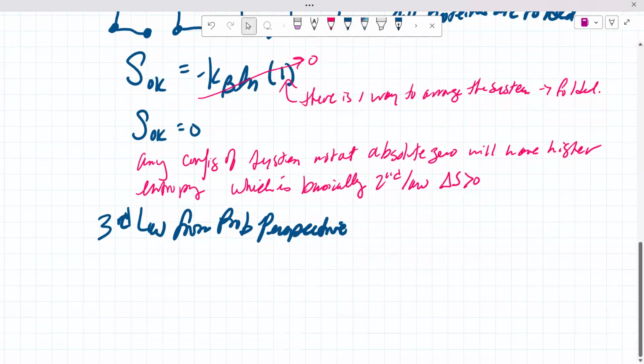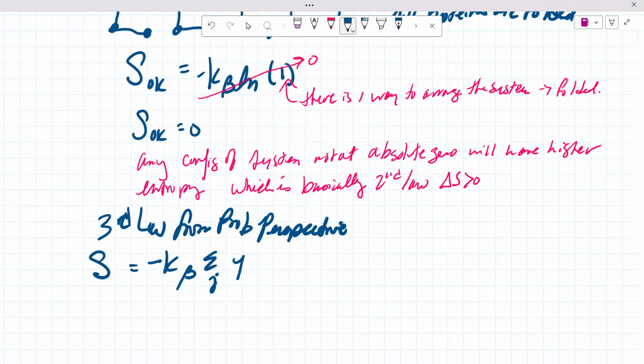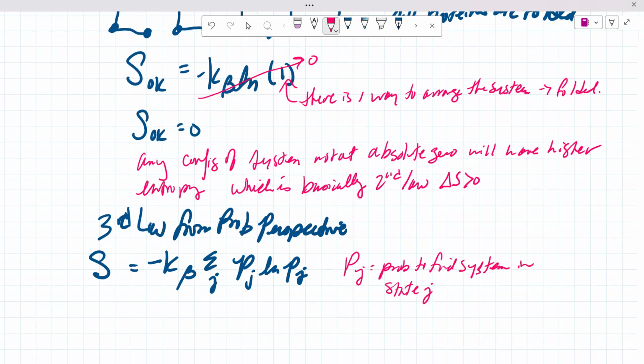S is negative k_B sum over j of P_j ln P_j, where P_j is the probability to find the system in state j.